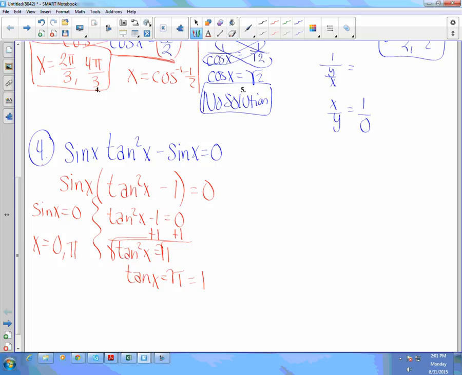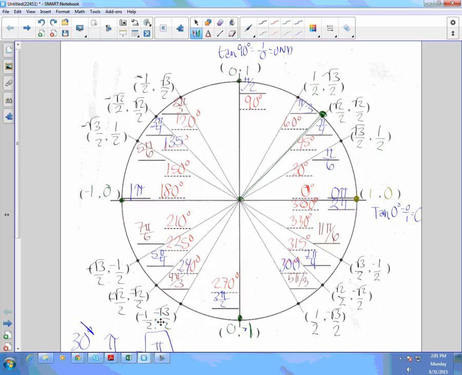If the square root wasn't originally there and we applied it ourselves, you have to do plus or minus. If it's already there, then you already know it's a positive or negative root. But if you apply it yourself, it could be plus or minus 1. So tangent, remember, represents the slope. So we're going to have a positive 1 slope and a negative 1 slope.